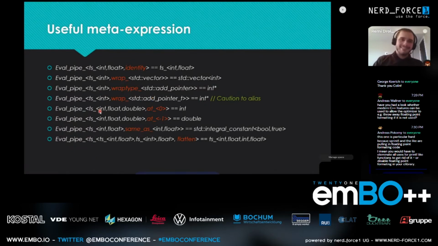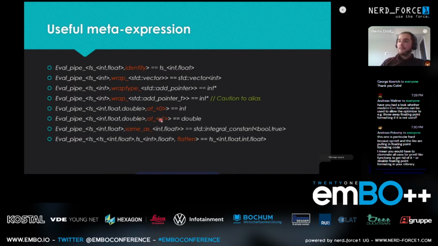Okay, at is very useful to just get me the type at this index. So in the case of int float double at 0, because obviously index starts at 0, it will take the first. But the cool thing about at is that I make sure that it works with negative numbers, and with -1 it starts at the end.